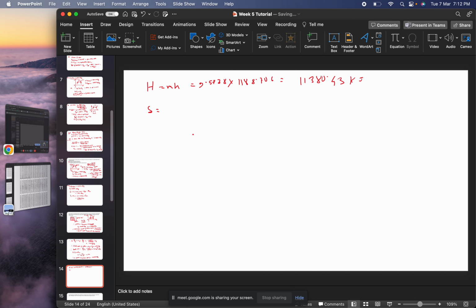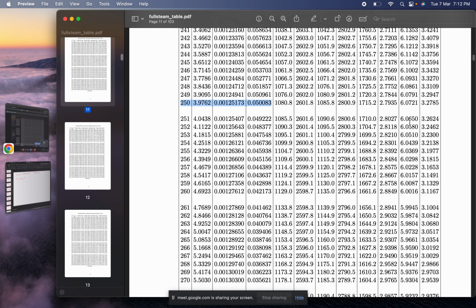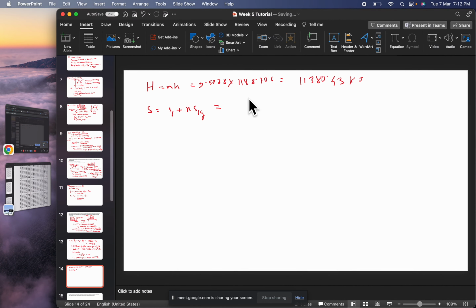Okay, similarly S is your, is it internal energy or entropy, or both we need to find. So S is your SF plus X times SFG. So SF is your 2.7935 plus 0.06 times 6.0721 minus 2.7935.